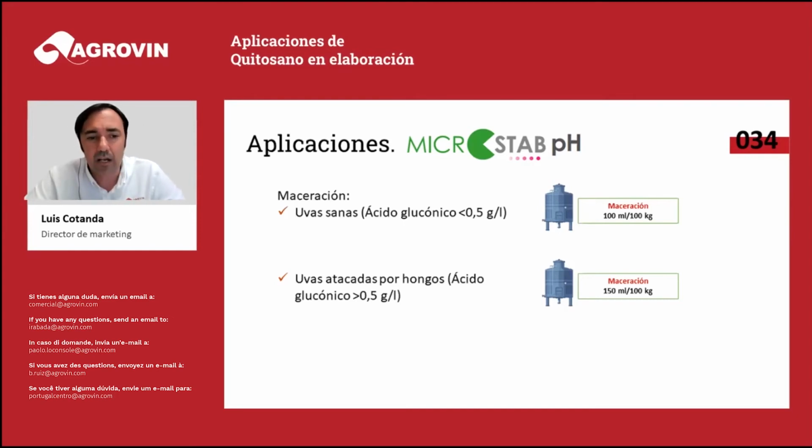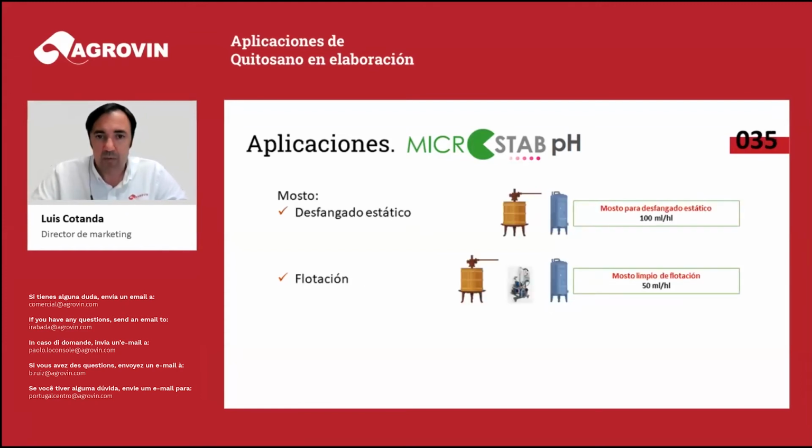When you have healthy grapes, with gluconic acid under 0.5 grams per liter, a dose of chitosan between 50 and 100 milliliters per 100 kilograms would be enough in the maceration. In case we have grapes attacked by fungi, and the gluconic acid is present at concentrations higher than 0.5 grams per liter, then during the maceration we should apply chitosan at 150 or 200 milliliters per 100 kilograms.